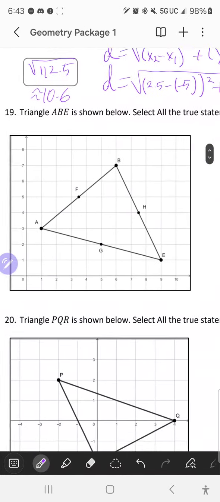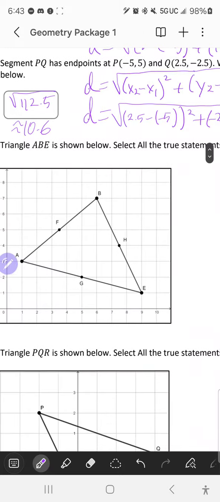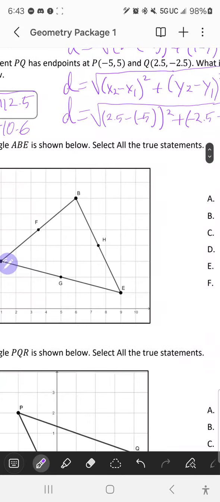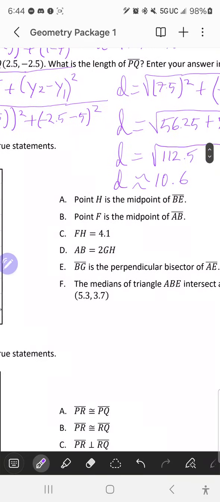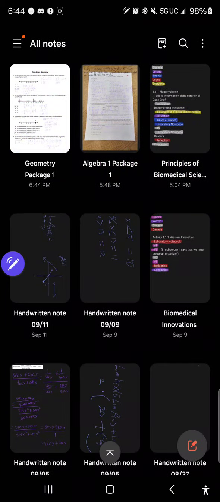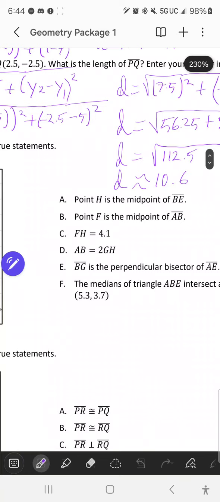Now, for question 19, triangle ABE is shown below. Select all the true statements. Now, we see, I'm sorry, let me go back. Here they are talking about the midpoint of BE and the midpoint of AB.